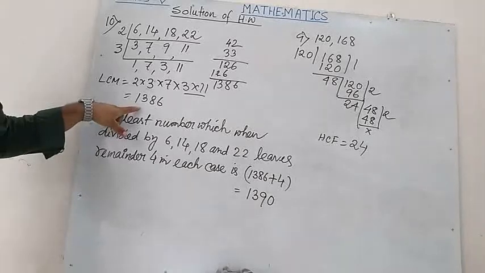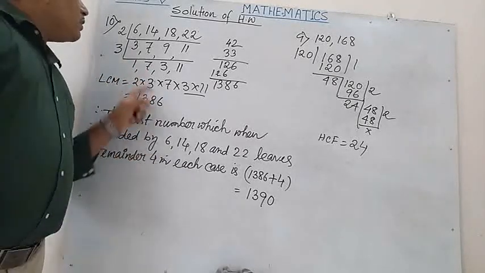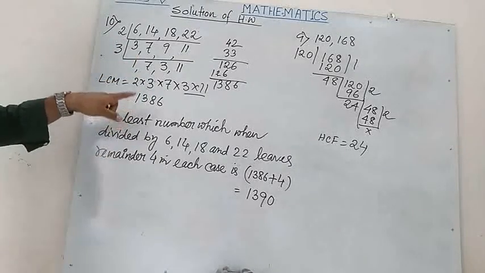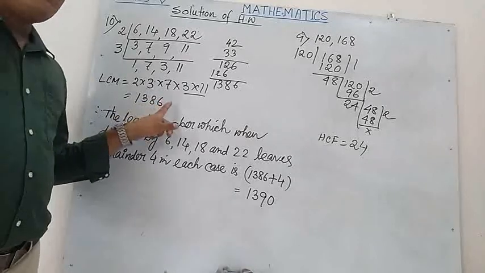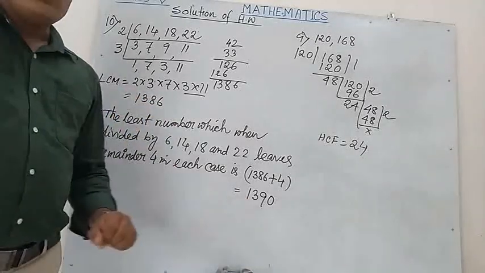As the least number which is completely divisible by 6, 14, 18 and 22 is 1386, we have to add 4 to it to get our required number.